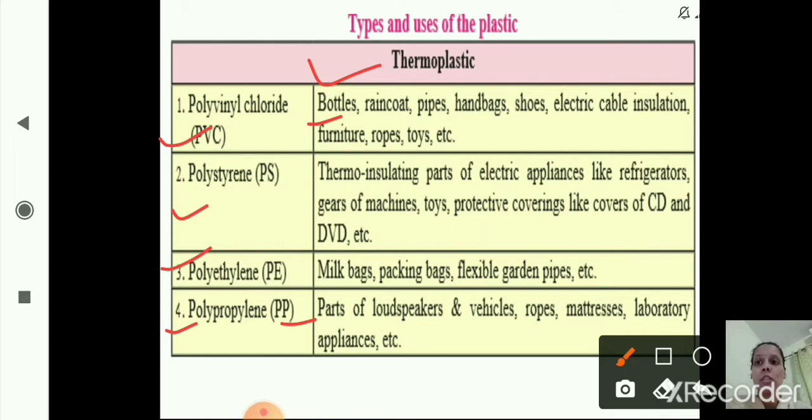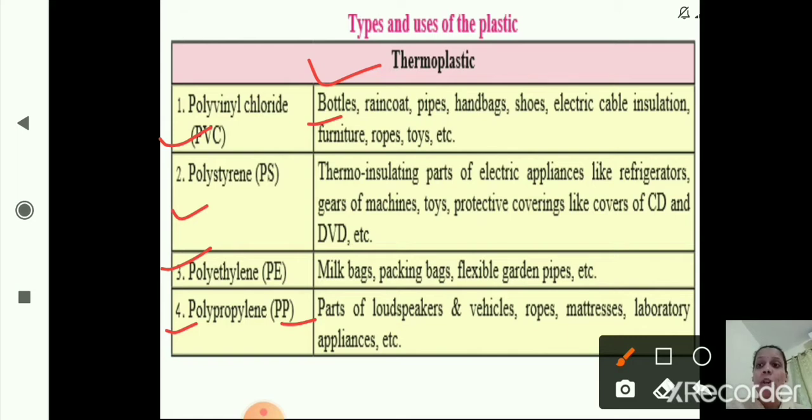Polyvinyl chloride, that is PVC, is used to make bottles, raincoats, pipes, handbags, shoes, electric cable insulation, furniture, ropes and toys, etc. Then polystyrene is used to make thermo-insulating parts of electric appliances like refrigerators, then gears of machines, toys, protective coverings like covers of CDs and DVDs.